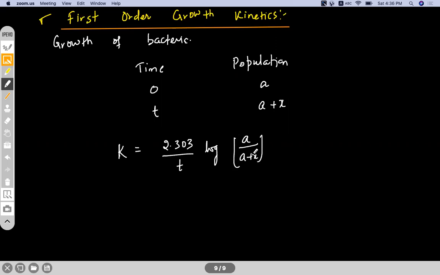Any doubt in this? Sir, this will be negative, no, sir? Yes, one negative sign will be here.